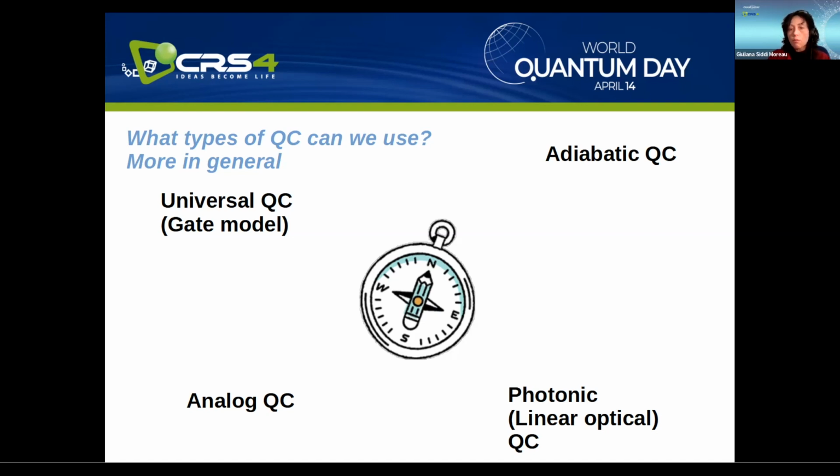And we also have photonic quantum computing with linear optics that uses photons as qubits. Photons have the advantage of minimal decoherence. However, they don't naturally interact with one another. So in order to make two-qubit gates, an effective interaction needs to be induced.